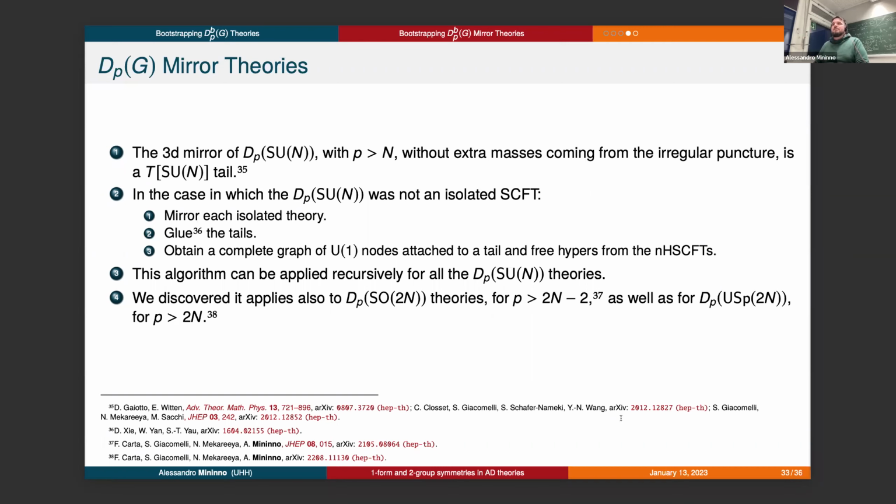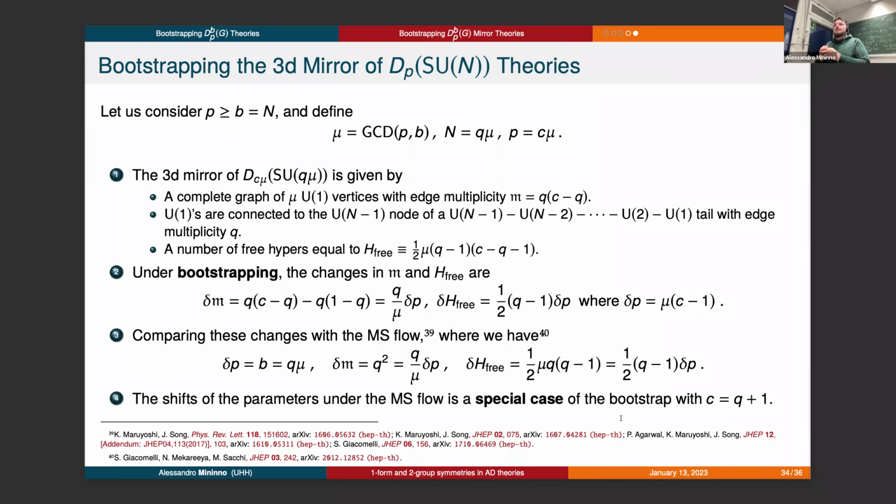But at the level of the bootstrapping, one can define the same kind of notation that we had found before, defining Q, P, and C, all the parameters. You can parameterize it in this way very easily. Then basically the complete graph is given by the number of U1, which are the extra masses, with the given multiplicity. Then you connect this U1 to a tail, and this is the mirror together with the number of free hypers.